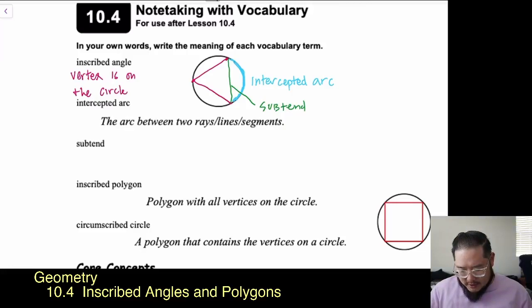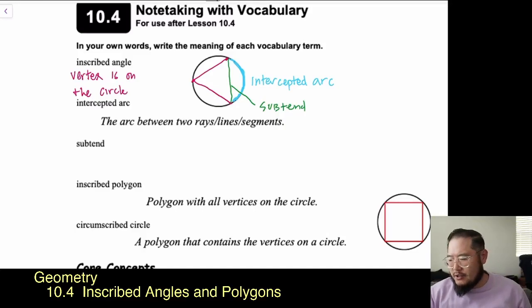The subtend are endpoints of a chord or arc that lie on the same side of an inscribed angle. Then the chord or arc is said to subtend the angle. When we take a look at the core concept further down, you'll see the definition written out for you. Now let's go to this next term.